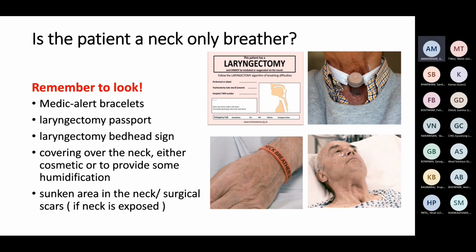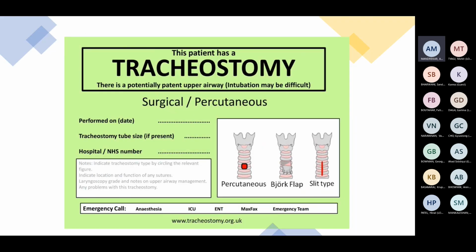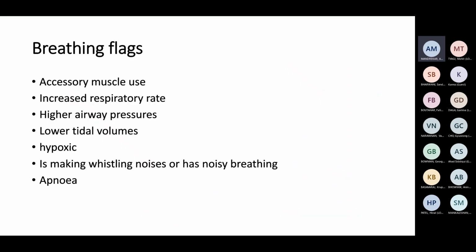You can also pay attention to a button placed on the tracheostomy that could tell us he's a laryngectomy patient, or when the neck is not covered and there is a sunken neck, which leads us to think that the larynx is missing, or seeing surgical scars as well could be a hint. There's also another sign for tracheostomy patients, which is also on the bedhead, and it has to be visible.